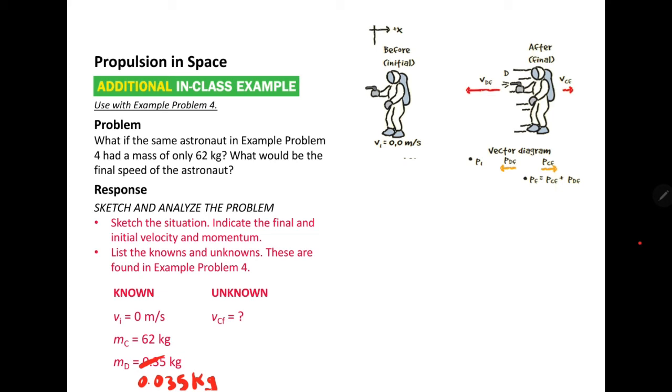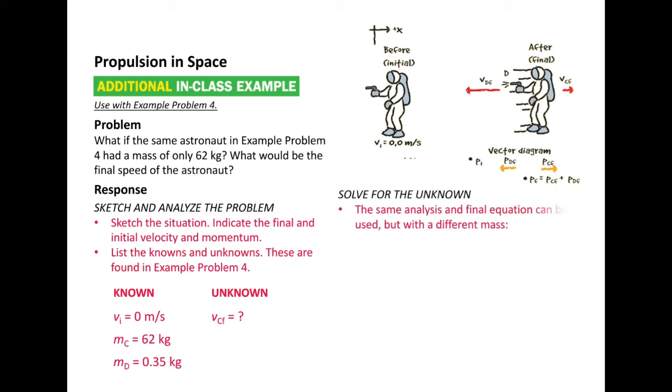After that, we will write our equation. We need to calculate the final velocity for the astronaut, which is equal to minus MD multiplied by VDF over MC.